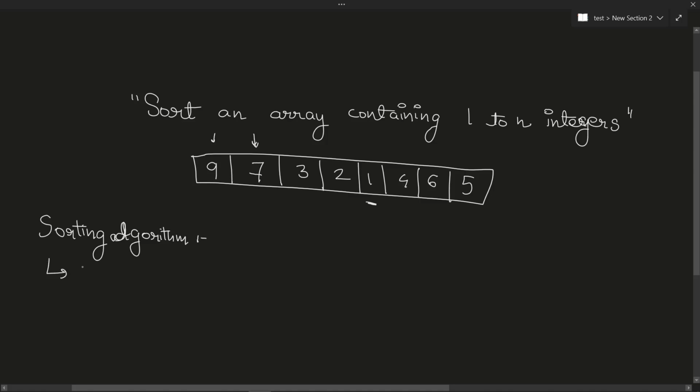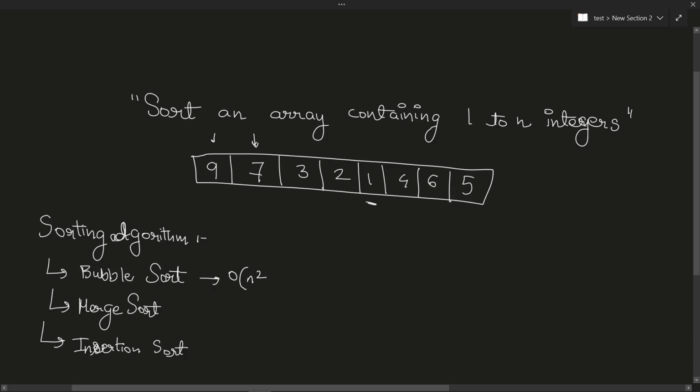We have got many sorting algorithms like bubble sort, merge sort, and then we've even got insertion sort and many more. The list keeps on increasing. One peculiar thing is that most of these sorting algorithms work in a time complexity of big O of n square.